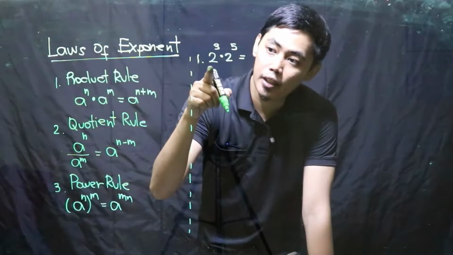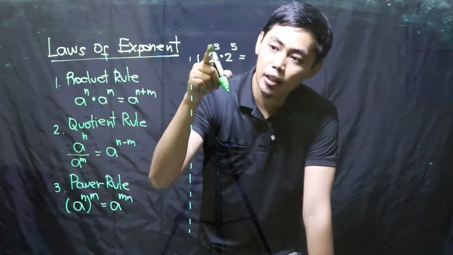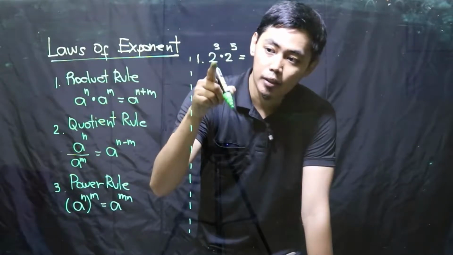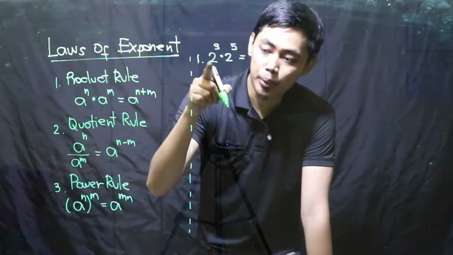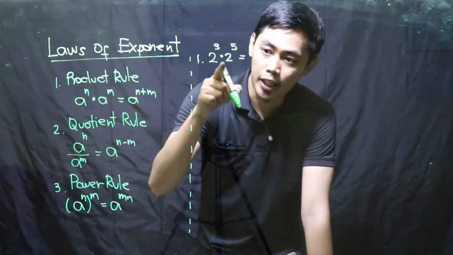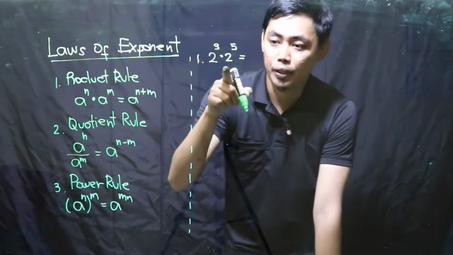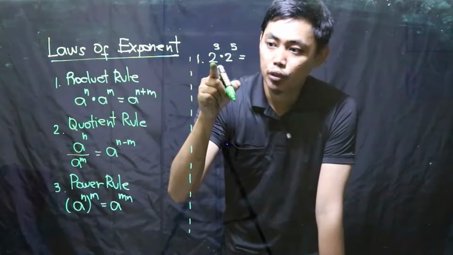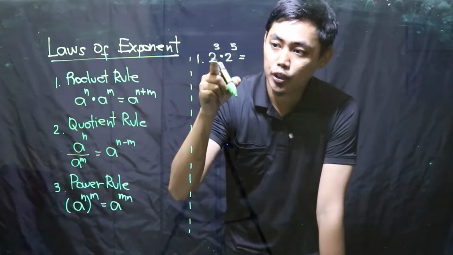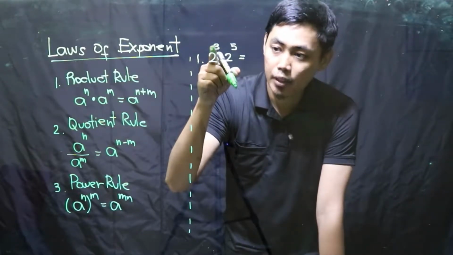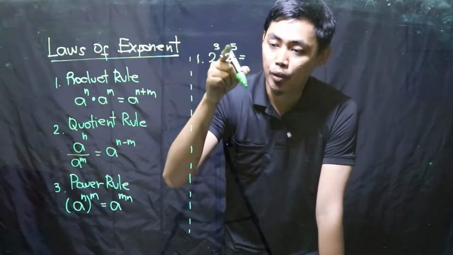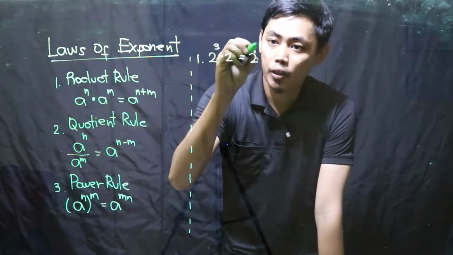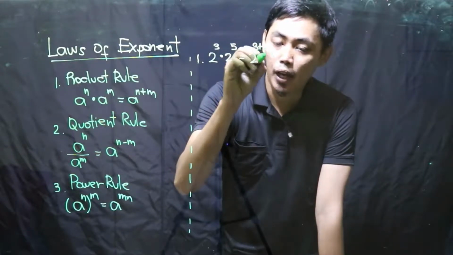Instead of solving 2 to the power of 3 and solving 2 to the power of 5, like 2 times 2 times 2, this is 8 times 2 to the power of 5, whatever the answer is, I can just directly say that 2 to the power of 3 multiplied by 2 to the power of 5 is equal to 2 to the power of 3 plus 5.